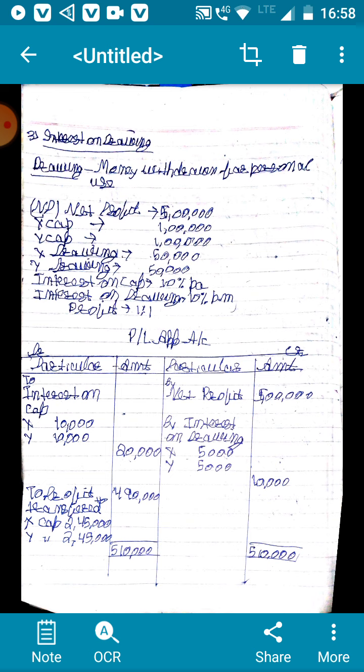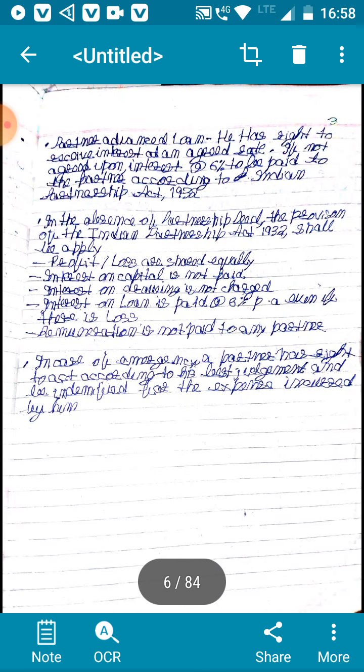5 lakh 10,000 minus 20,000 is 4 lakh 90,000. Divide the 4 lakh 90,000 in the equal ratio, 1 is to 1. Profit and loss are shared equally in the absence of a partnership deed. Equally means 1 is to 1.